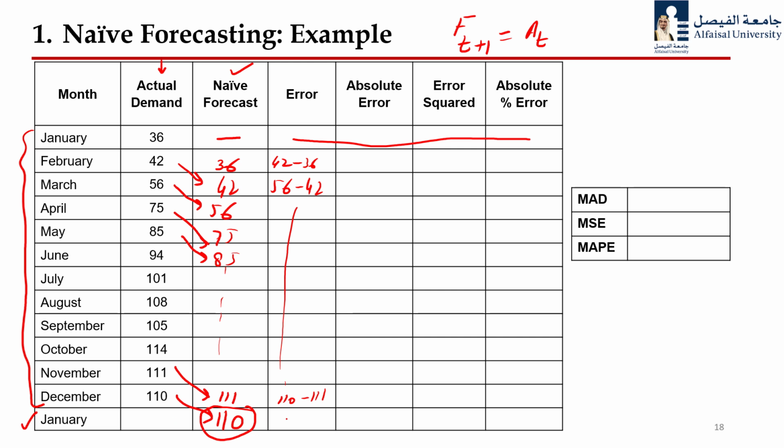Again, we do not have the actual for the next January, so we cannot estimate that error. We know how to calculate the absolute error, which is the absolute value of 42 minus 36 and so on. We also know how to calculate the squared error, which is 42 minus 36 squared, and the absolute percentage error.